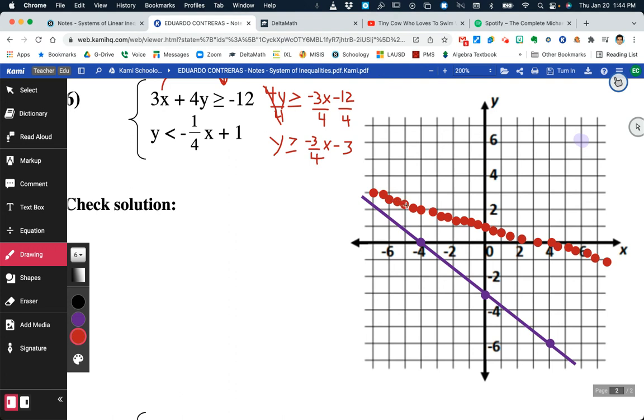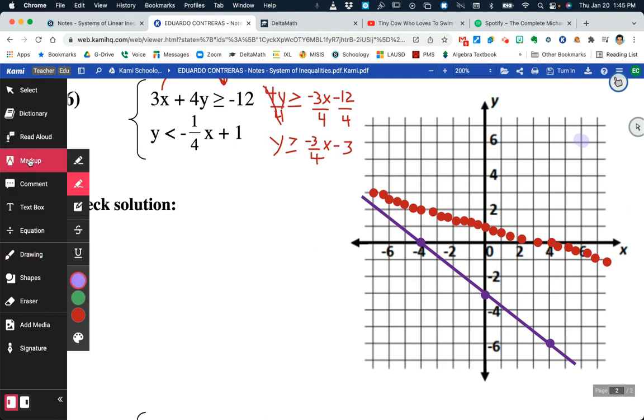Okay, guys, if this is my line and it's less than, it's going to be everything down here, right? Everything below. So everything down here. So I want everything on the purple line going up, everything on the red line going down. So the overlap would be this part right here.